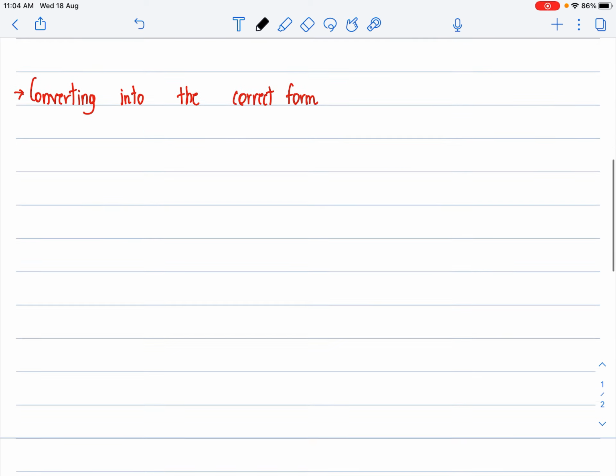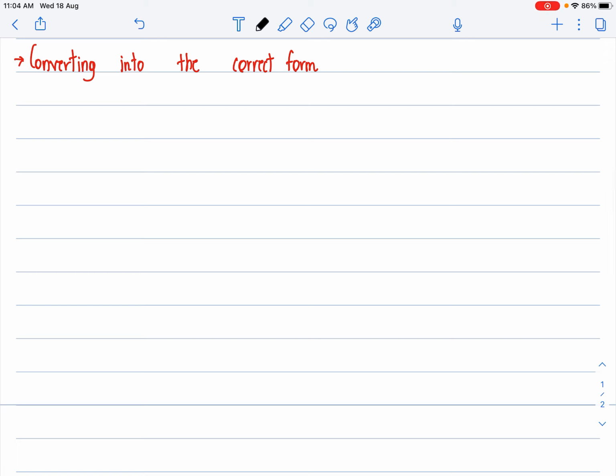Now this is important, converting into the correct form. In some questions you'll get a binomial expansion, but it won't be in the correct form. Let's say if you get something like, I'll take an example, 2 minus x raised to 4 or 2 minus 3x raised to 4.